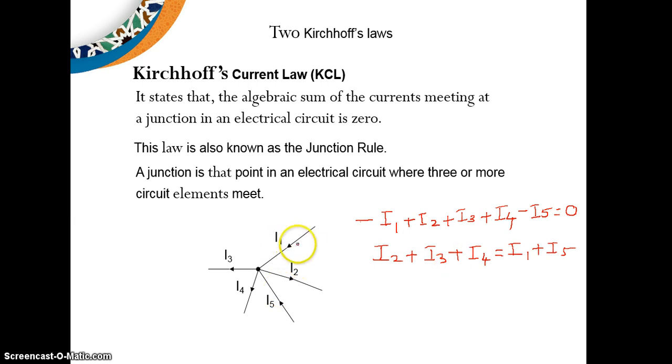So this is called Kirchoff's current law: the algebraic sum of the currents meeting at a junction is equal to 0, or the sum of all the currents entering the junction equals the sum of all the currents leaving it. That's about Kirchoff's current law.